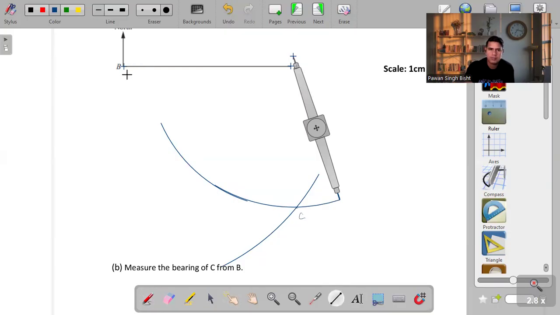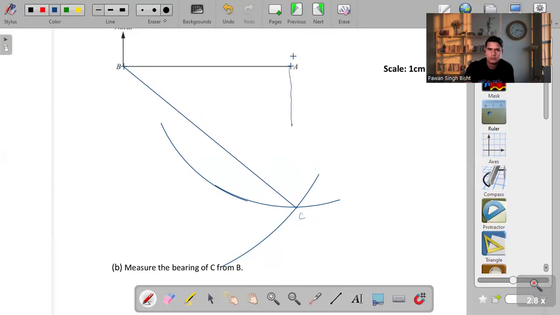Now from B, you join until here. And from A, you join until here. Yeah, so that will be your required triangle.